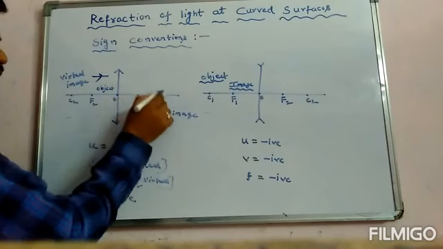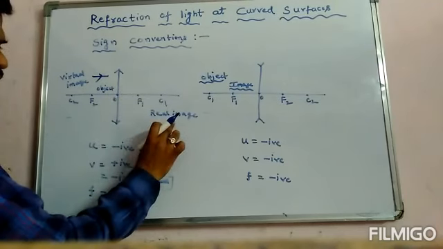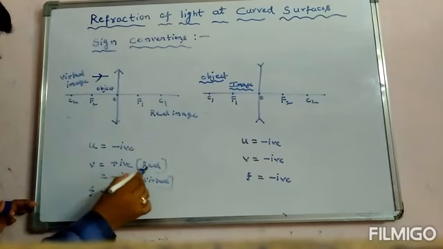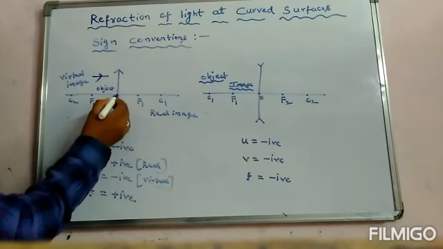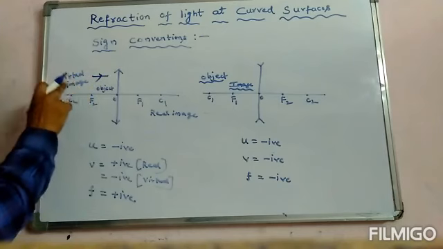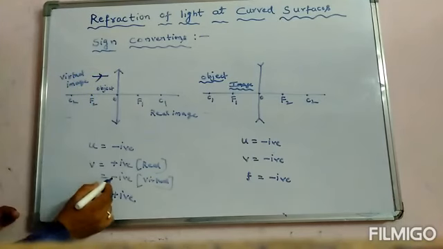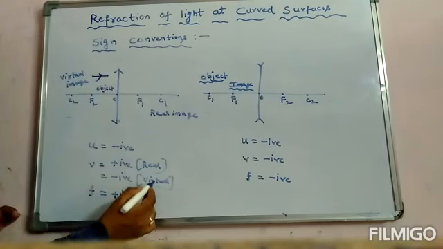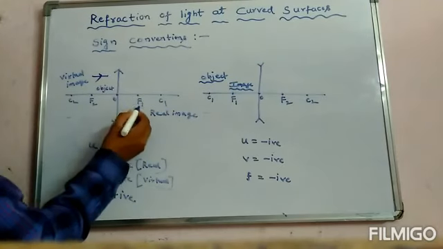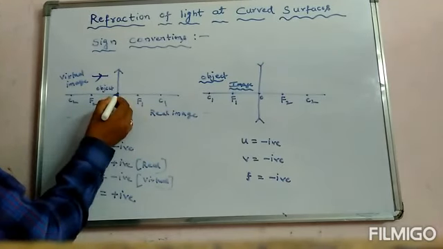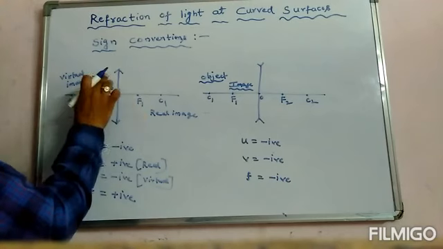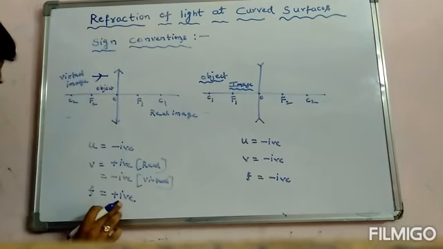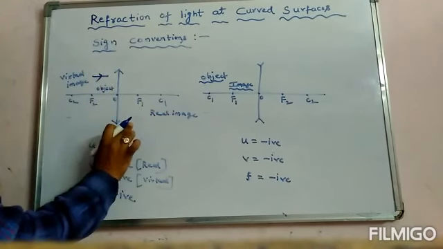Image distance you are measuring in same direction for real image, so v is positive for real image, and you are measuring in opposite direction for virtual image, hence v is negative for virtual image. And what about the focal length? This is the real focus, hence you are measuring in same direction, so focal length is positive for convex lens.